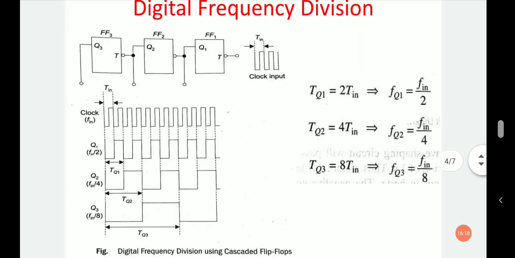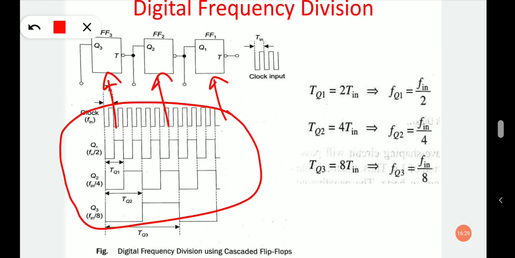Then digital frequency division with cascaded flip-flops. Here 3 flip-flops are given, and for that particular clock input, with period T_in, the respective waveforms are shown, and the time periods of the different waves are related to the input time period T_in.